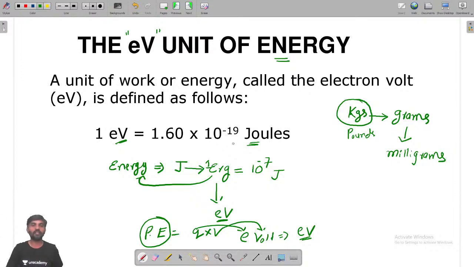Don't think that an electron volt is something different. Electron volt is also a measure of energy, just like joules and ergs.